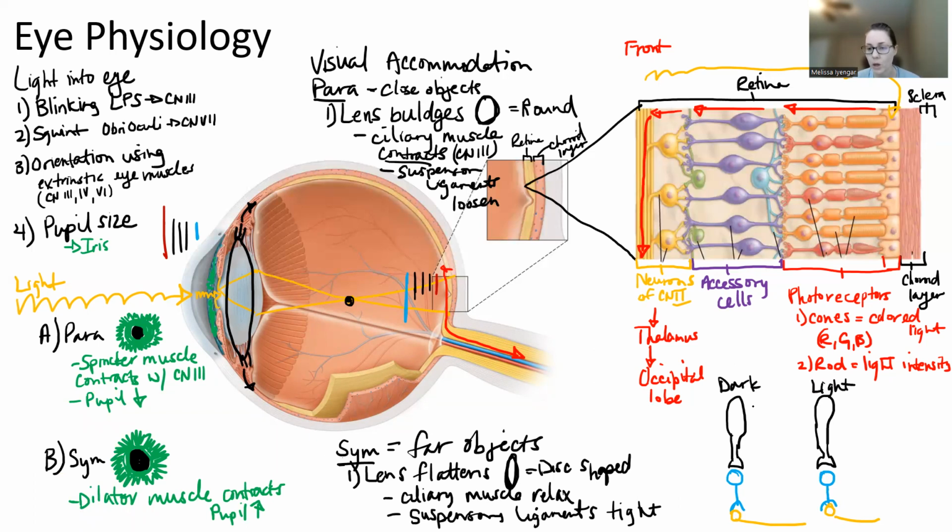Okay. So in the dark, what ends up happening is that you are going to have sodium constantly entering into the cell. And as a result, resting membrane potential is going to be negative 40 millivolts. And because it's negative 40 millivolts, it's going to release neurotransmitters here. And what this does is tell this next cell, the accessory cell, not to stimulate, not to create an action potential.